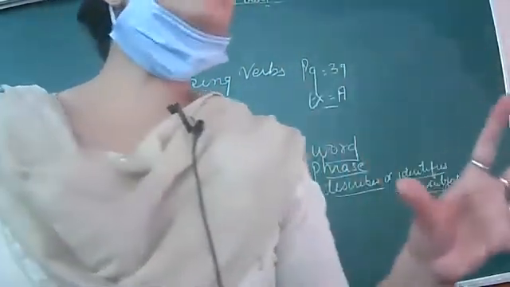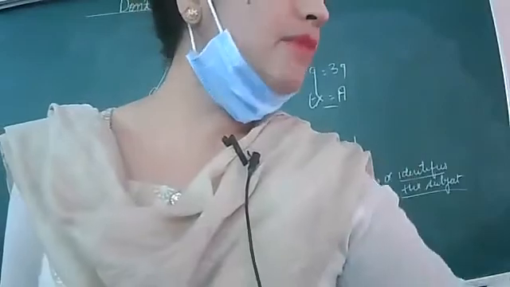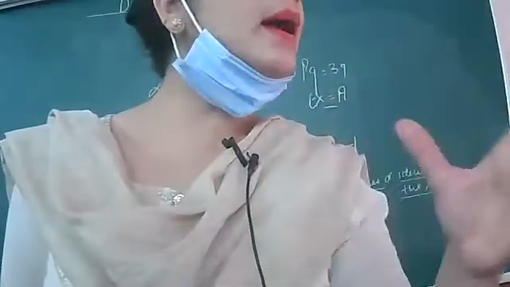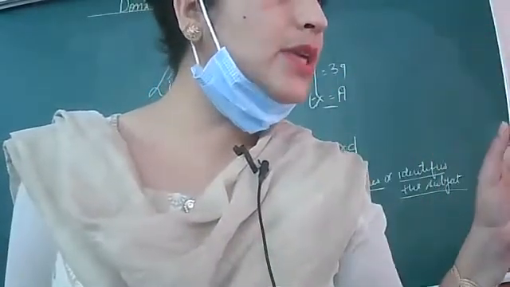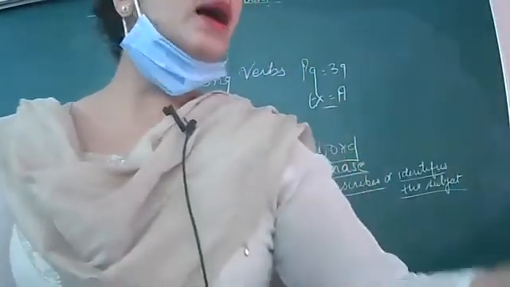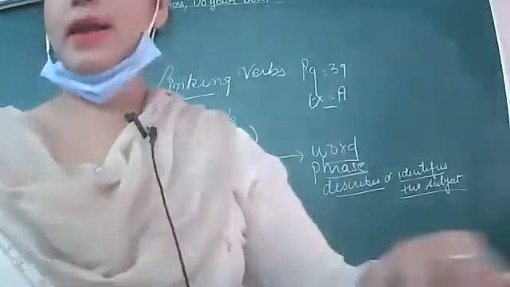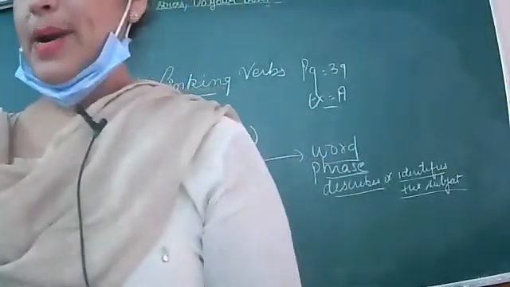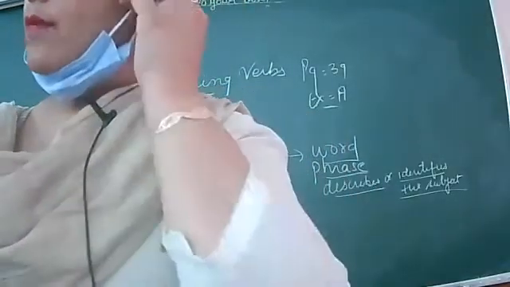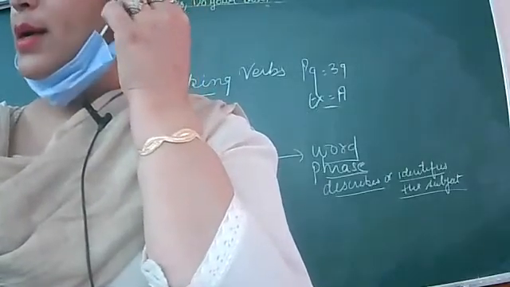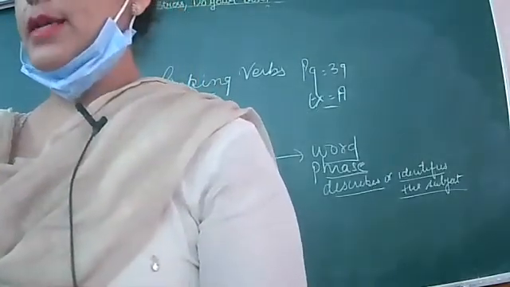Okay? Some verbs are always linking verbs. Why so? Because they are making a connection. They are linking a subject to another word or phrase that describes or identifies the subject. But some of the verbs are not linking verbs. Why so?